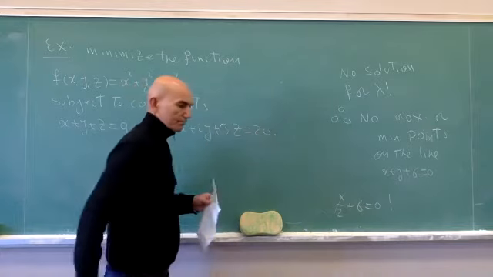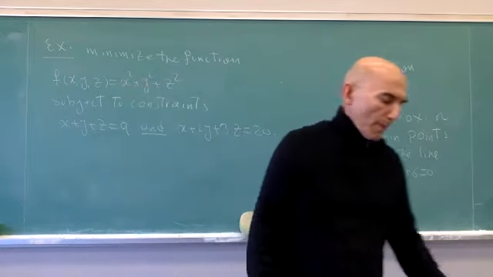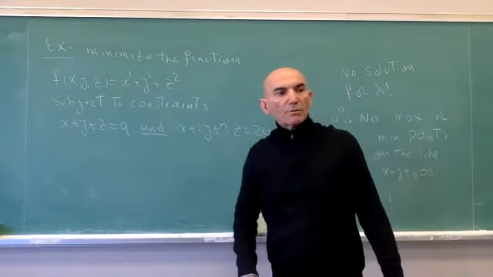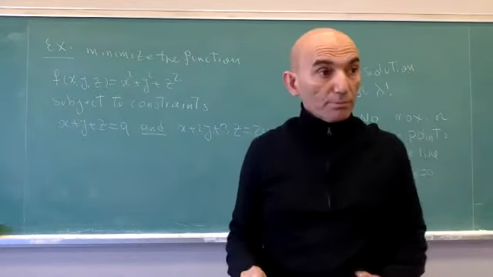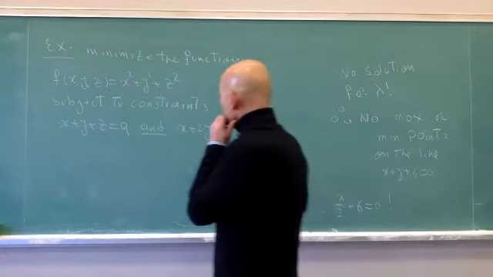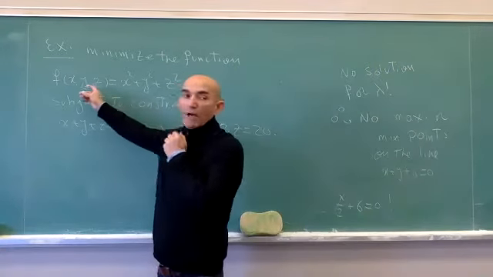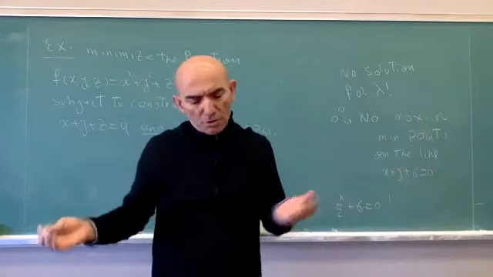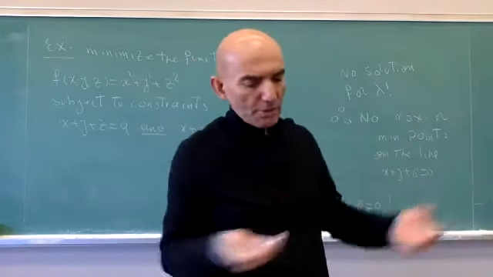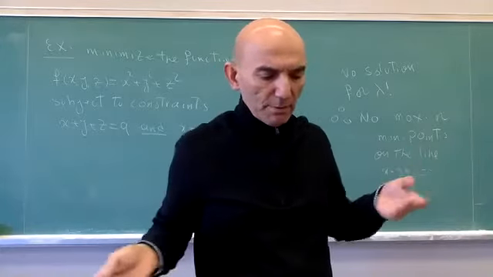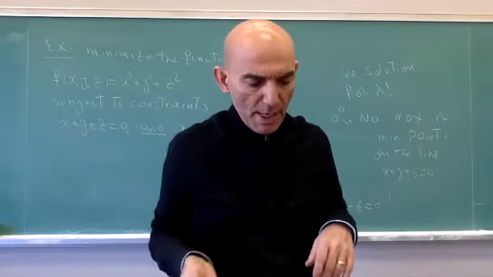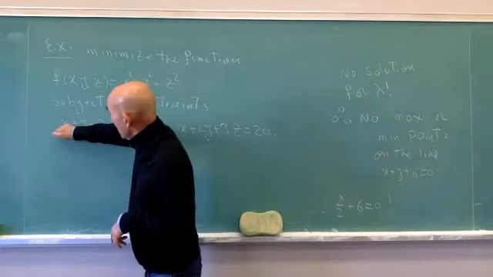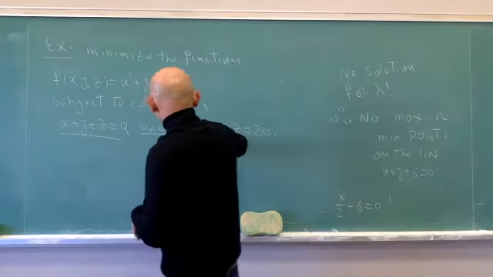So notice now, there are two differences in this problem, right? All of a sudden we have moved to 3 variable functions. That doesn't matter much, because we can do gradient in 3 variables, 4 variables, n variables, that's okay. But the other thing is that we don't have one constraint. Now we have 2 constraints.